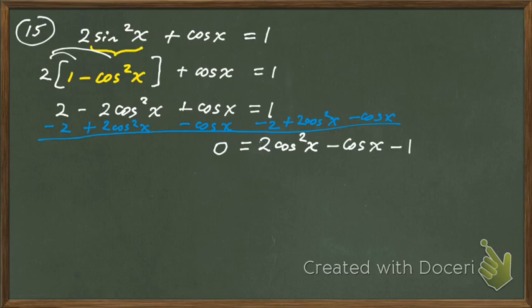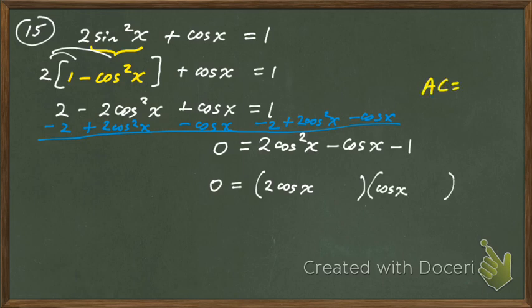Now, how do you get 2 cosine squared? It has to be 2 cosine x times cosine of x. What's a times c on this thing? A times c. Is it a -2? What's b? -1.